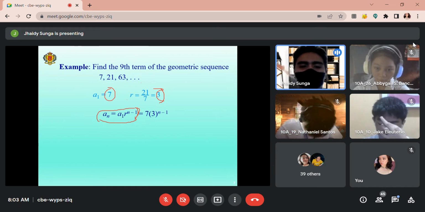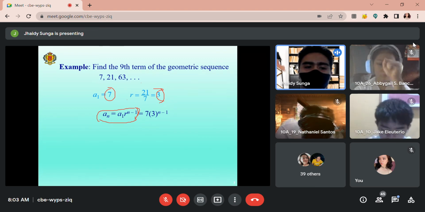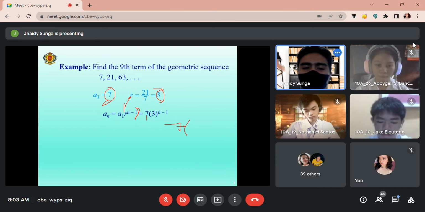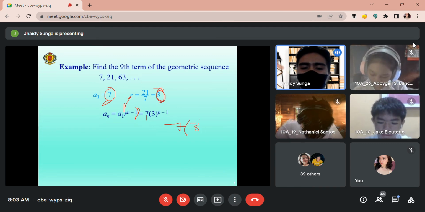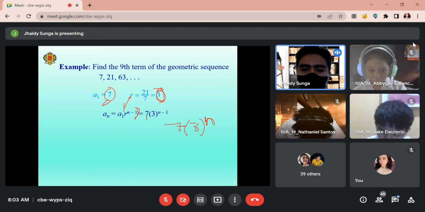Having this a sub n formula already, we now substitute all the given values. We have a sub 1, which is 7, times r, which is 3, raised to n minus 1.